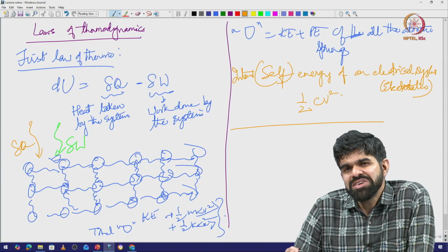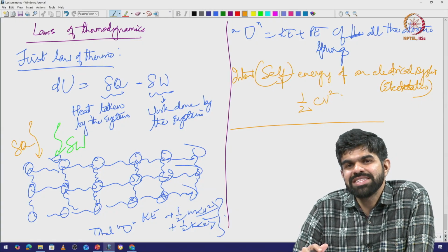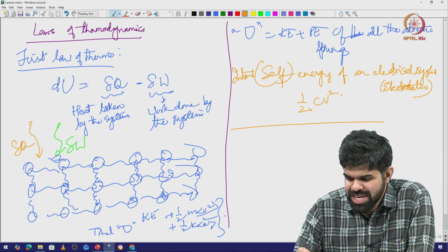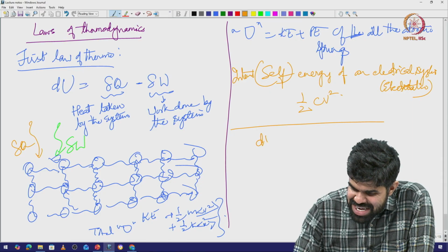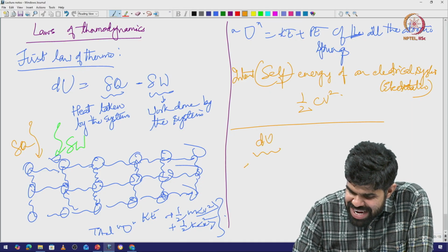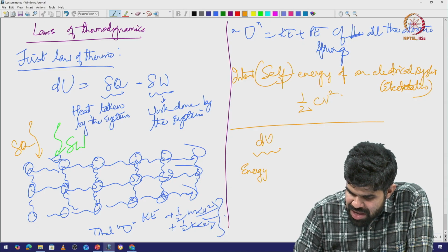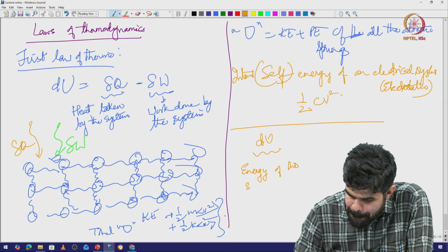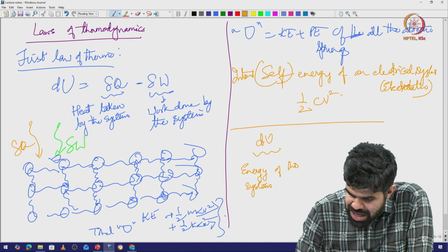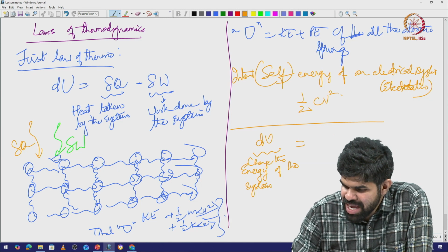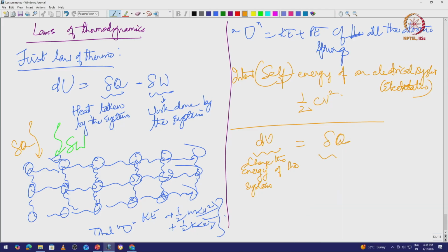Now the question is, why are we classifying this thing so? Essentially there is some energy transfer, right. So I have to change the energy of the system. And I am saying I can do it either through heat, I am artificially dividing it into heat and work, or doing work on the system.